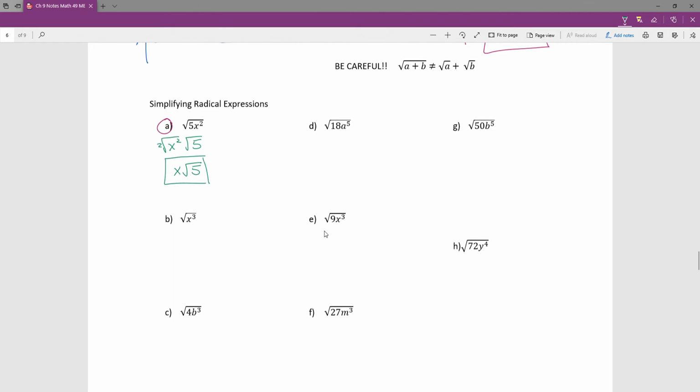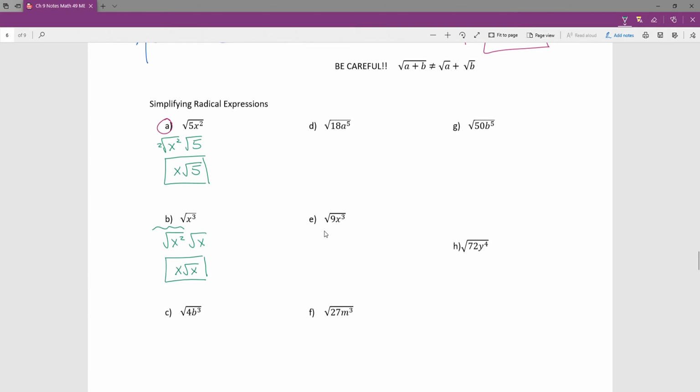Let me walk you through a few more here. So if I go down to b, I can break up x cubed into the square root of x squared and the square root of x. This out the front is the perfect square. That is the thing that is awesome that I can take the square root of. So simplifying this one step further, I take the square root of x squared and get x and write my irrational component out the back like that.